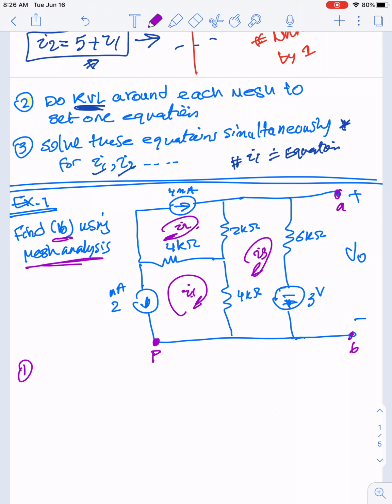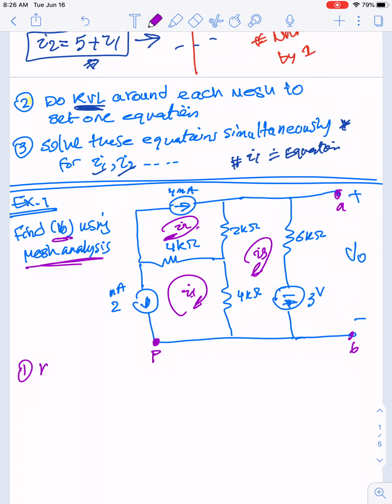This is a systematic way to find the current, because I have seen in many exams people finding I1 wrongly. So I'm trying to give you a systematic way to find I1.